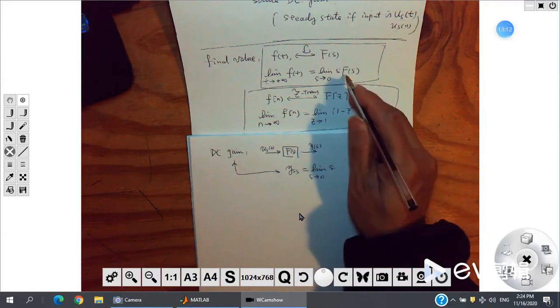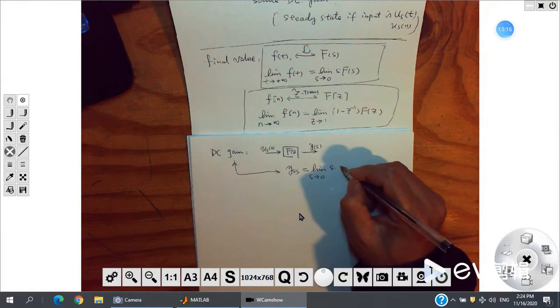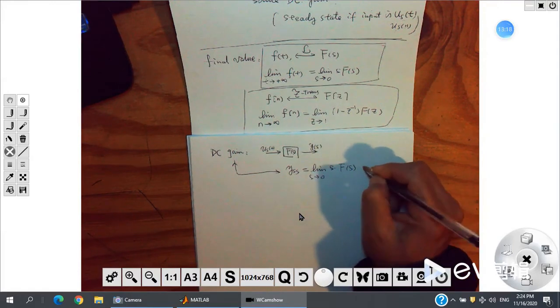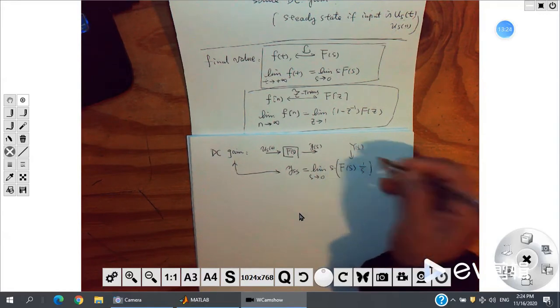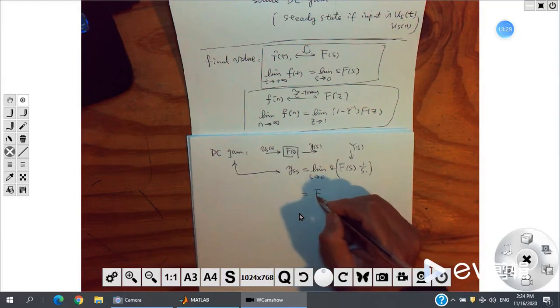Now the F should be capital Y, and capital Y is F(s) times u_s(t), which is 1 over s. Then you cancel, so you can say it is just F(0).